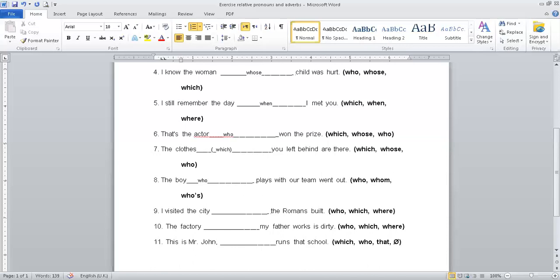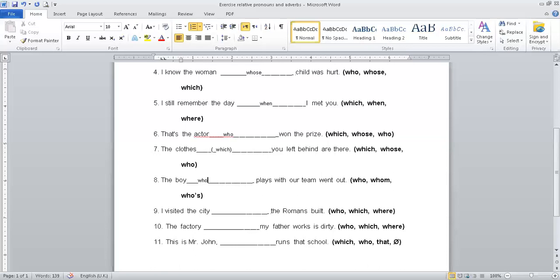Be careful. 9. I visited the city the Romans built. We want to define the city. The Romans built the city. So in this sentence we are not defining a place, which is why we won't choose where. The sentence isn't defining a place. I visited the city.